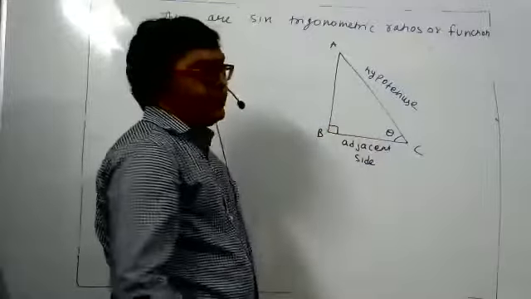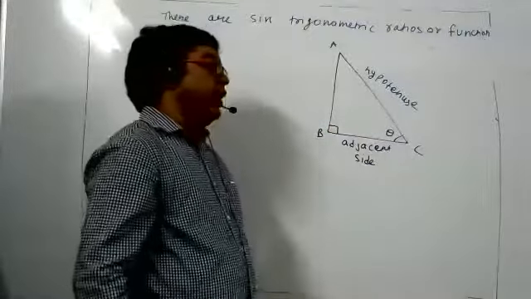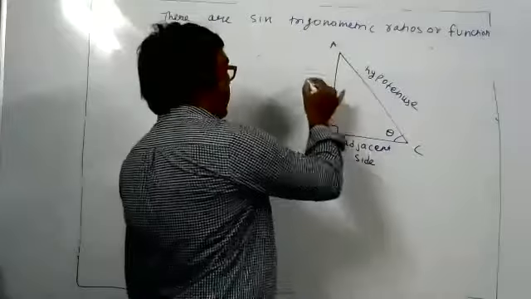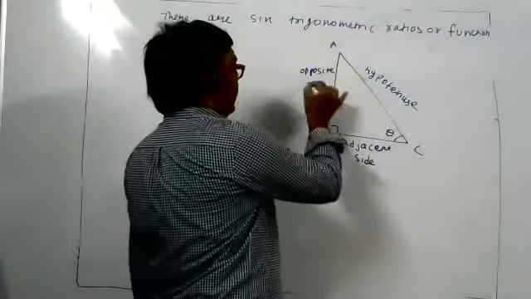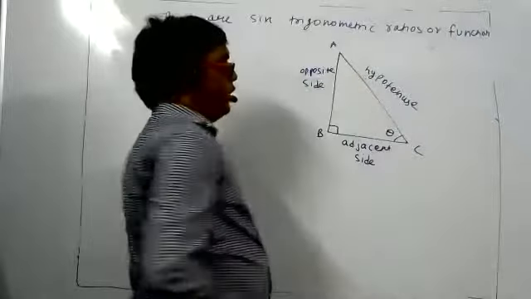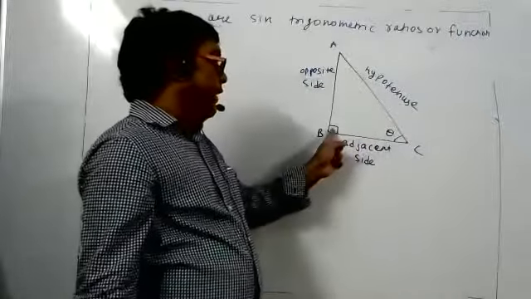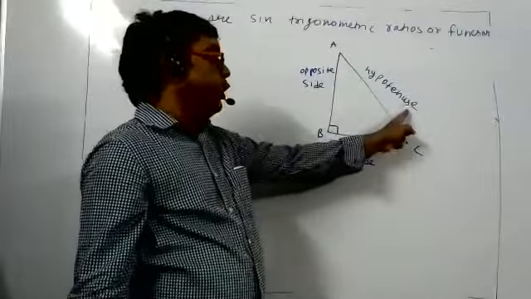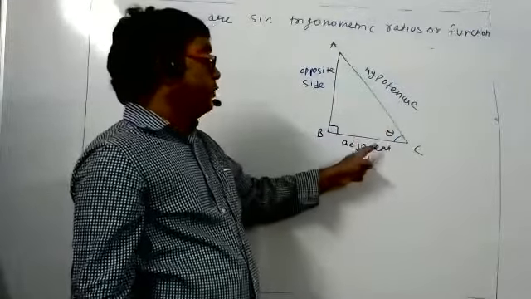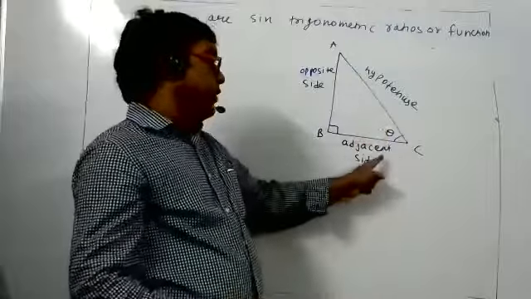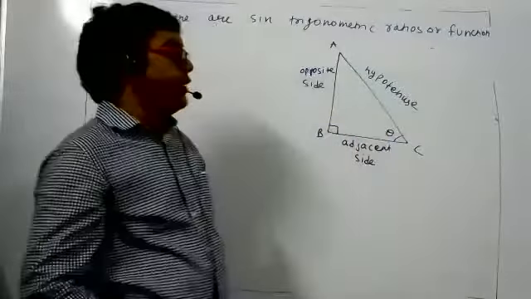In lower classes we say perpendicular or height, but from now onwards you say opposite side, because this side is opposite to angle theta. So draw this 90 degrees, hypotenuse opposite to 90 degrees, adjacent side near to theta, opposite side opposite to theta.